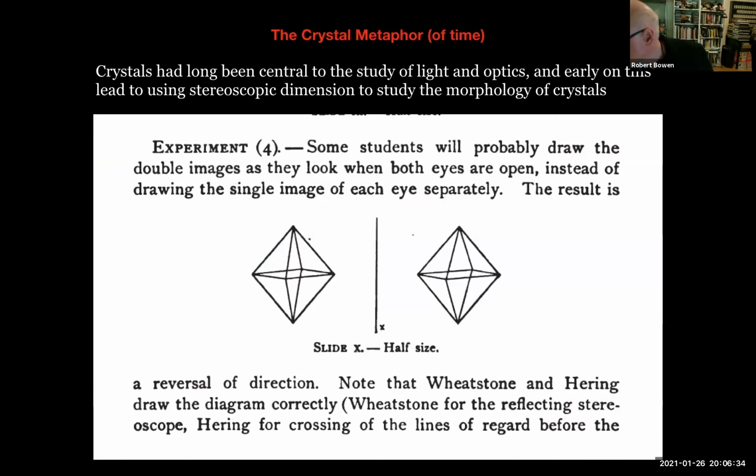Okay, crystals. So crystals were always associated with stereoscopic perception. This is from an early textbook, but showing this diamond structure, which is a 3D drawing.